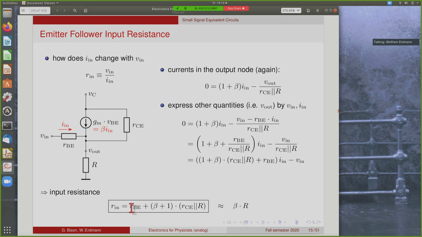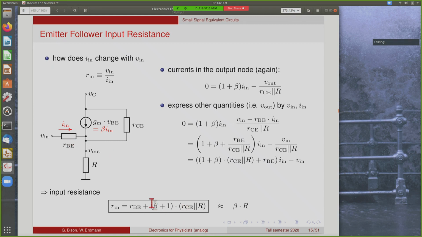So the input resistance is the sum of RBE and beta times the parallel of RCE and R. This resistance here is multiplied by a large factor and adds to the not so large input resistance.